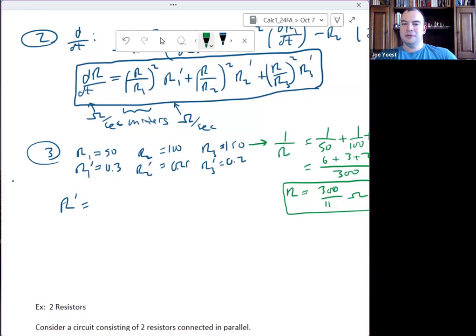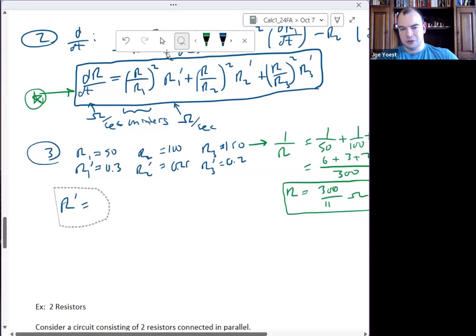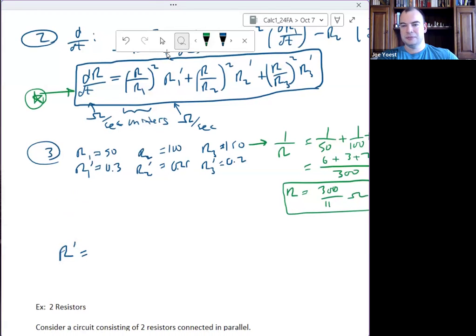Okay, so then R prime is going to be, now we're back to this equation up here. R prime, let me move this down a little bit just so it doesn't run into my R equals over there. And let me switch colors. There we go.